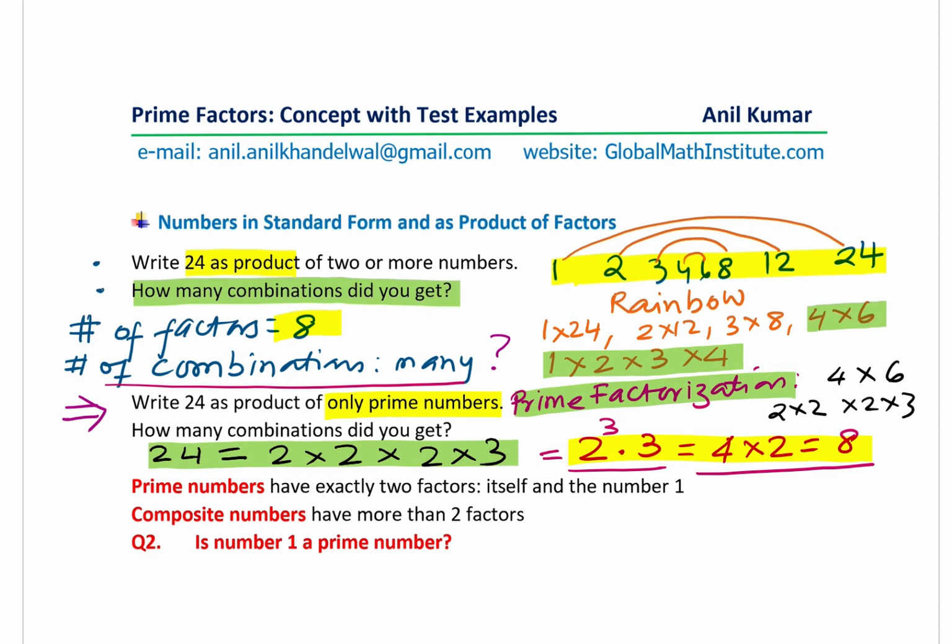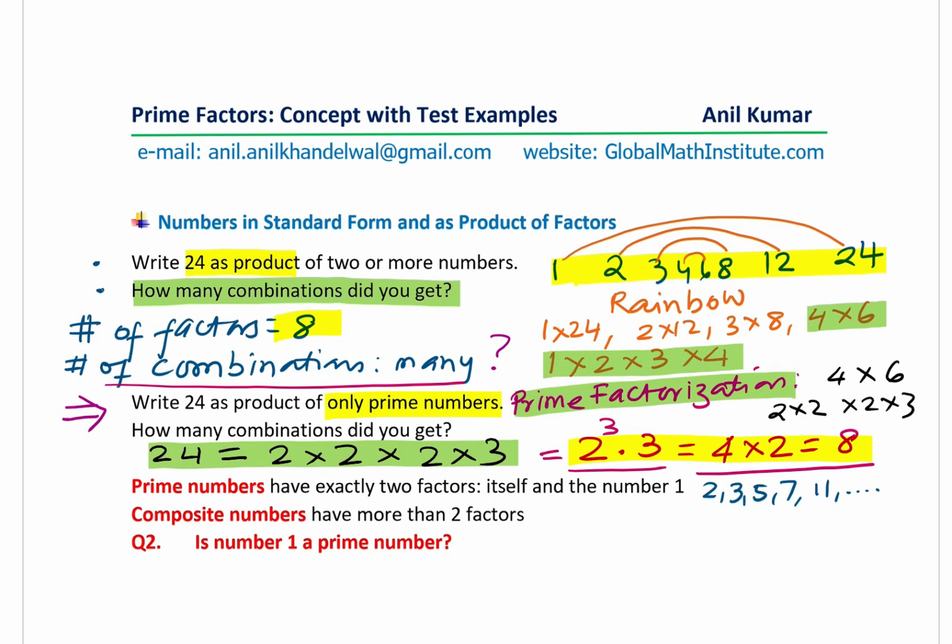Now, here are a few definitions for you. Prime numbers. So prime numbers have exactly 2 factors, which is itself and number 1. As you saw some prime numbers earlier, you can list many here. Numbers like 2, 3, 5, 7, 11, and so on, right? Now these are all prime numbers.